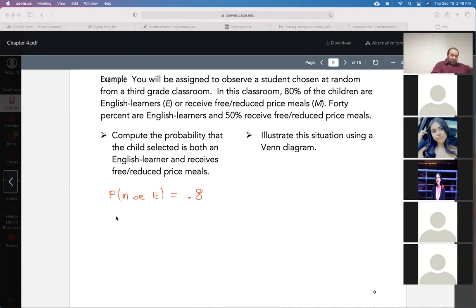So how do I write that mathematically? P of E equals 0.4. And the probability of M is 0.5.